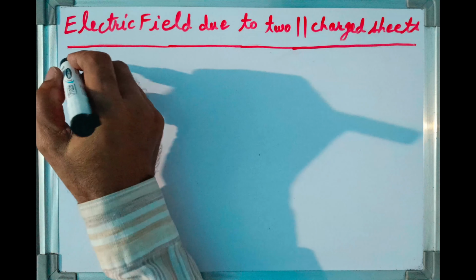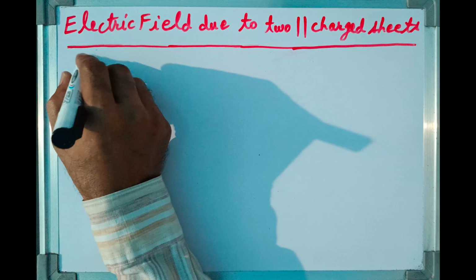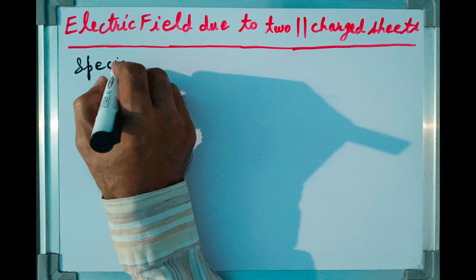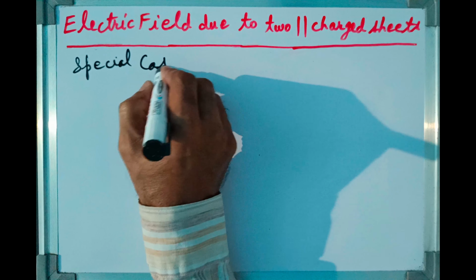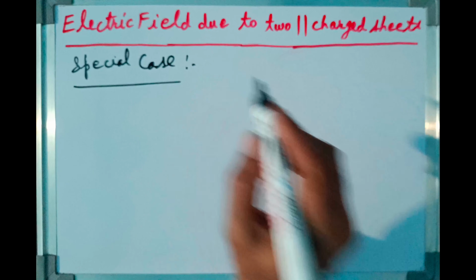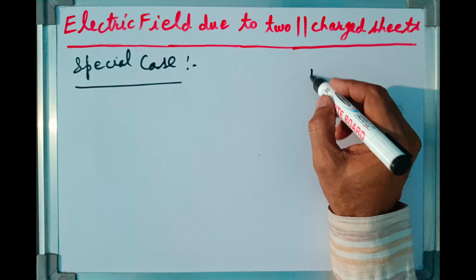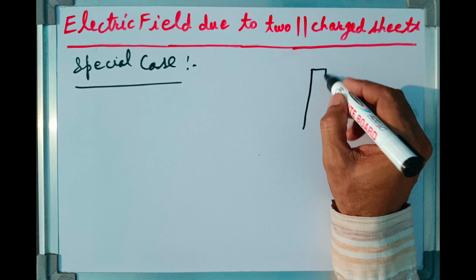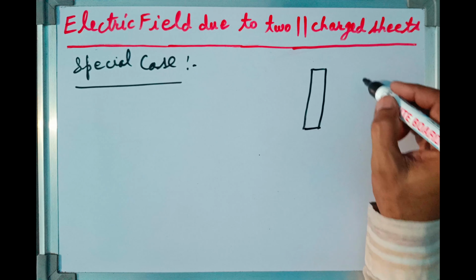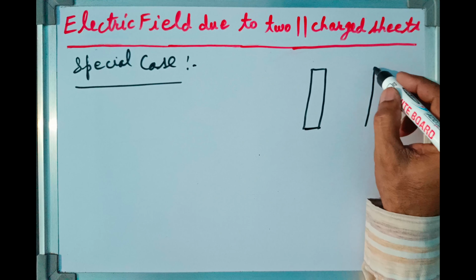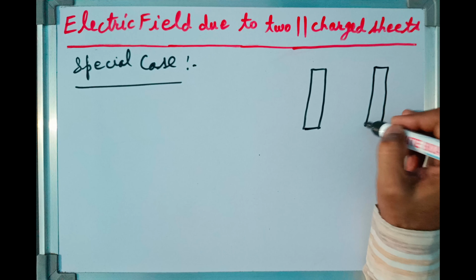Now let us discuss a special case. Special case means, let me suppose the two sheets A and B are equally and oppositely charged.